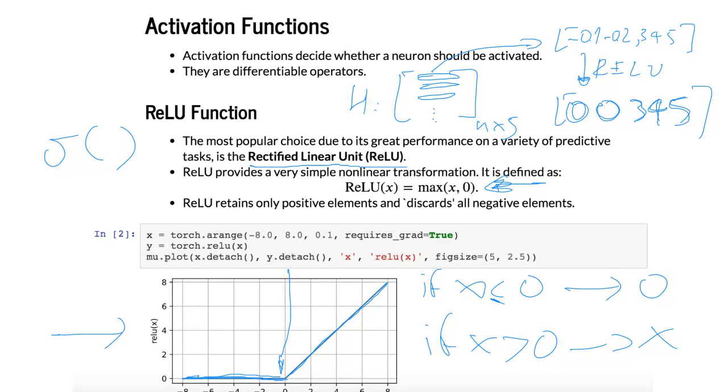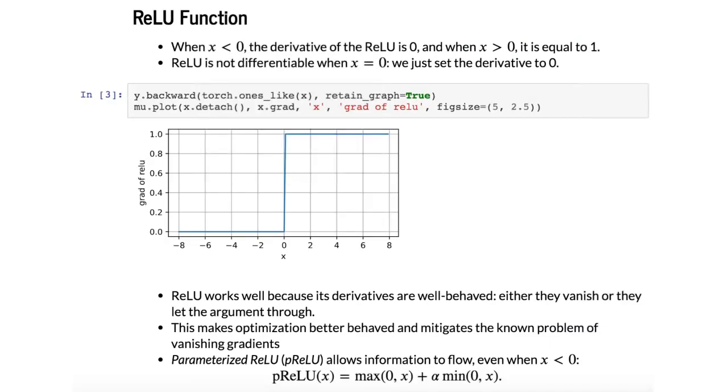Now, this is the ReLU function, and what I want to show you here is the derivative of the ReLU function. First of all, the ReLU function is not differentiable at x equals 0 because that's the point of nonlinearity.